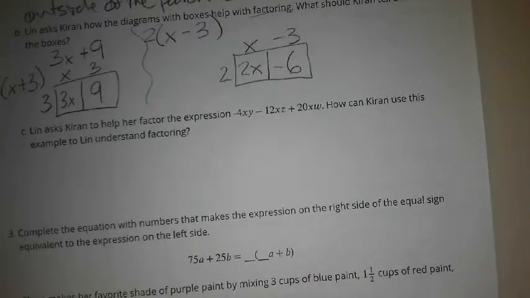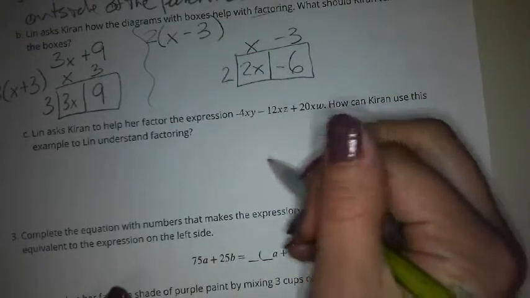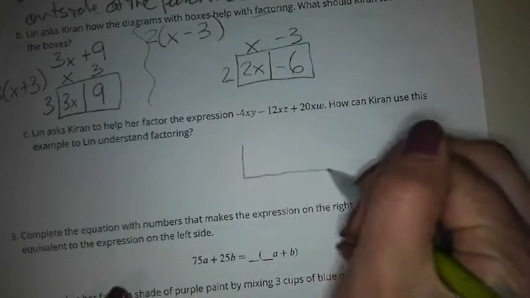Lynn asked Karen to help her factor the expression negative 4xy minus 12xz plus 20xw. How can Karen use this example to help Lynn understand factoring? Well, that's worded differently. So we could go ahead and do this where we have 3 boxes.